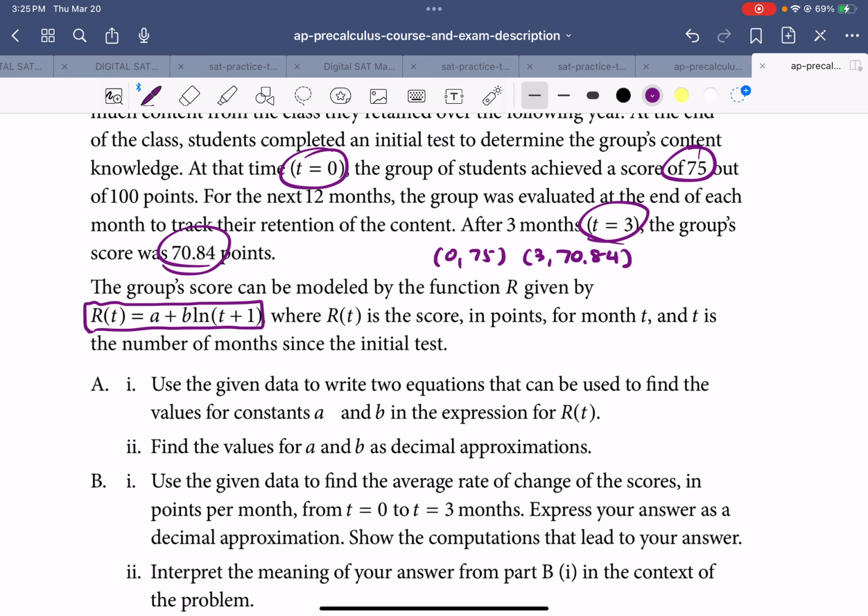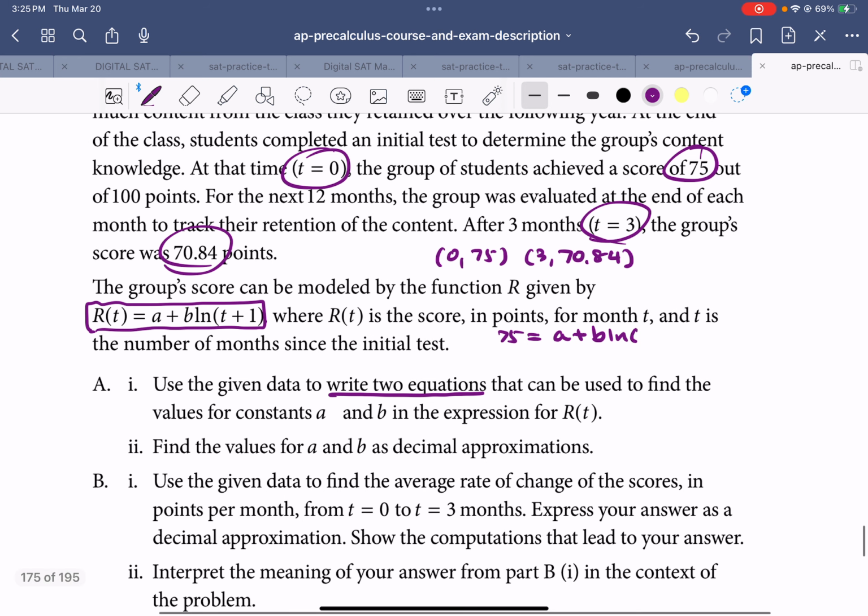Okay, A1, the first one. Use the given data to write two equations that can be used to find the values of A and B in the expression for R of t. Okay, so you just substitute. Instead of R of t, 75 equals A plus B, which is unknown, times ln of, you substitute 0 into t, so ln of 1.